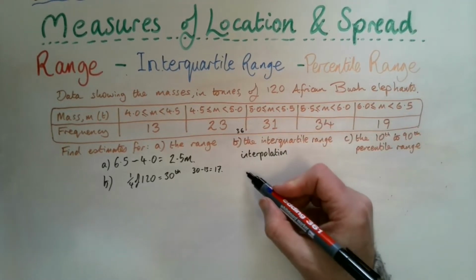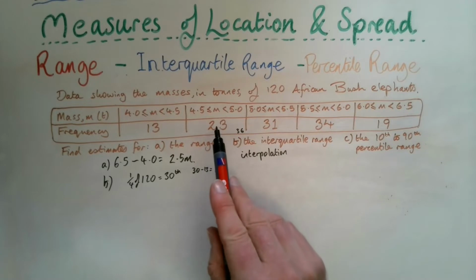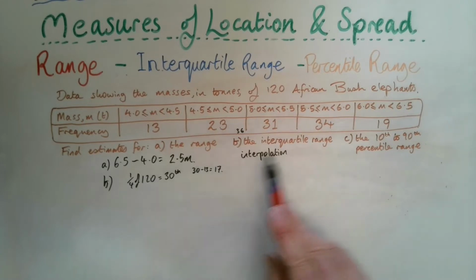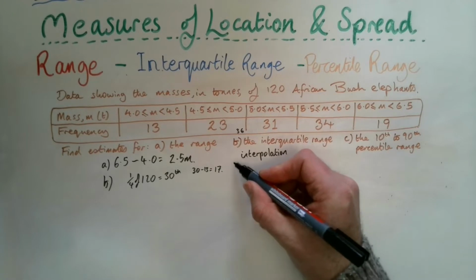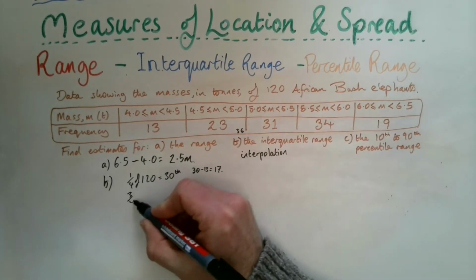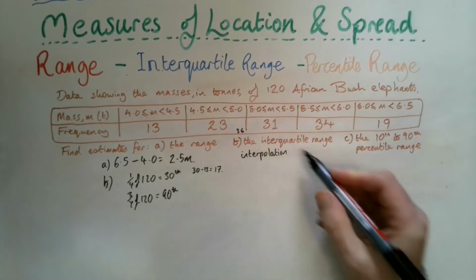So we want the 17th out of 23 to find the lower quartile, but we also want the upper quartile because the interquartile range is going to be the upper quartile take the lower quartile. So if I start thinking about that as well, 3/4 of 120 will be the 90th.